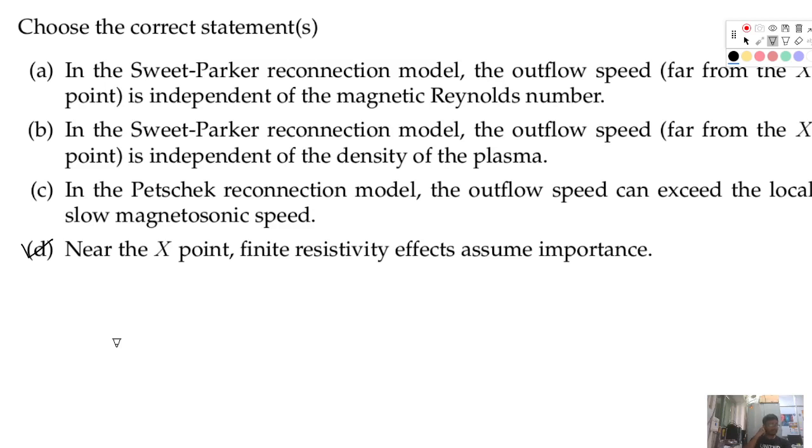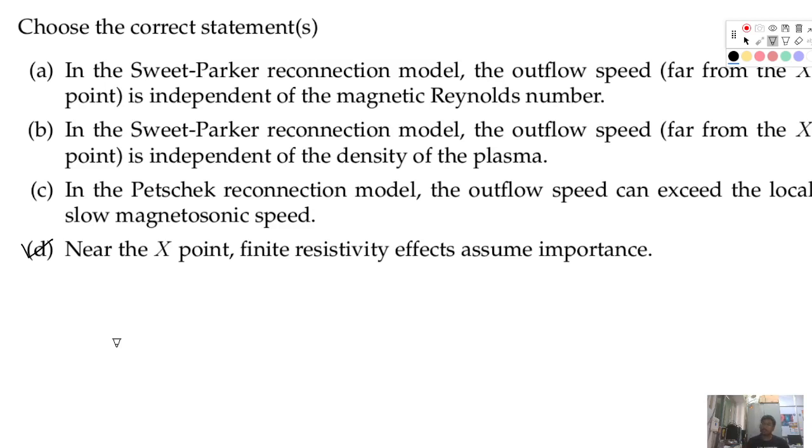In the Sweet-Parker model, the outflow speed is essentially the Alfven speed. Okay, so is it independent of the magnetic Reynolds number? Obviously your Alfven speed depends upon your magnetic field and density, right? Not on the magnetic Reynolds number.